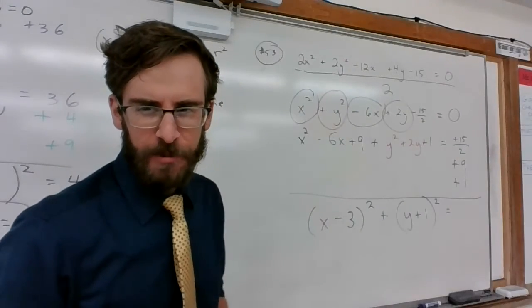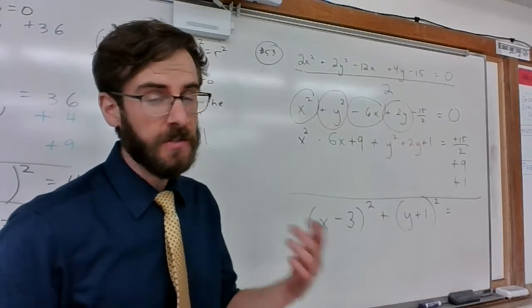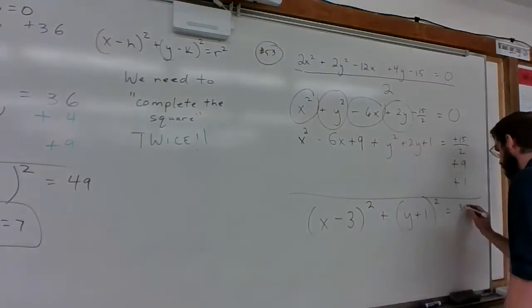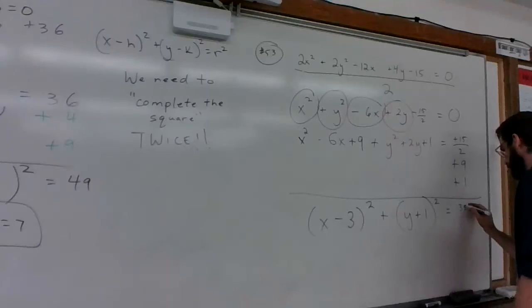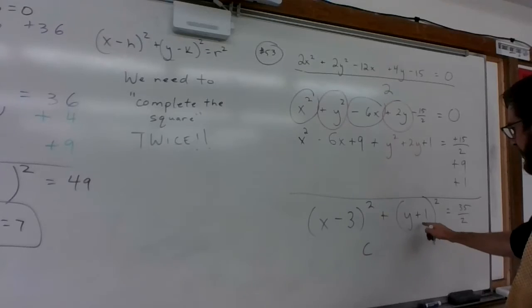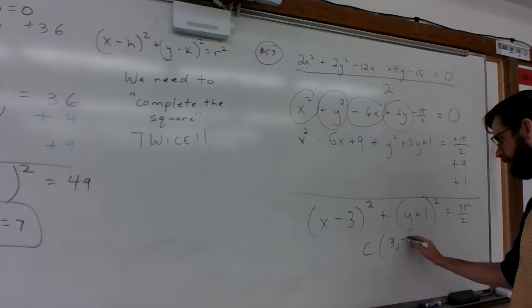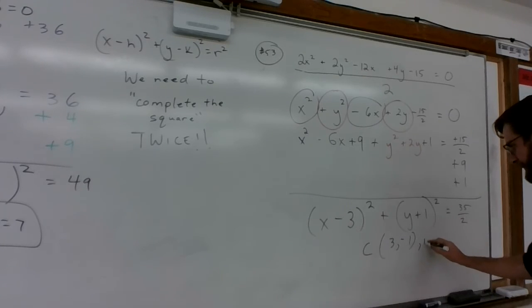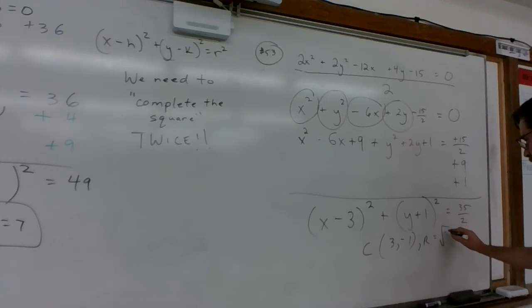Let's see, 7.5 plus 10, 17.5, which is 35 over 2. All right, 3, negative 1. And then I'd have to take the square root of this. We can just make it simple, call it root 35 over 2.